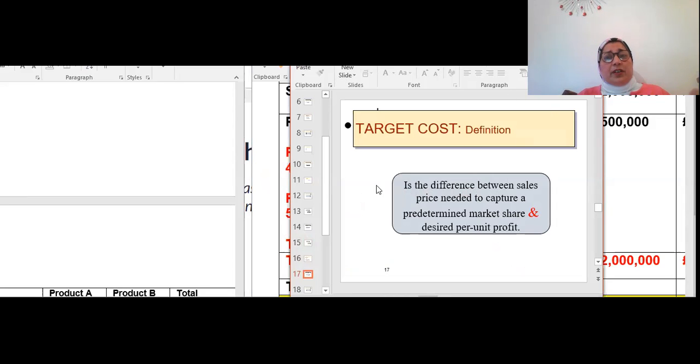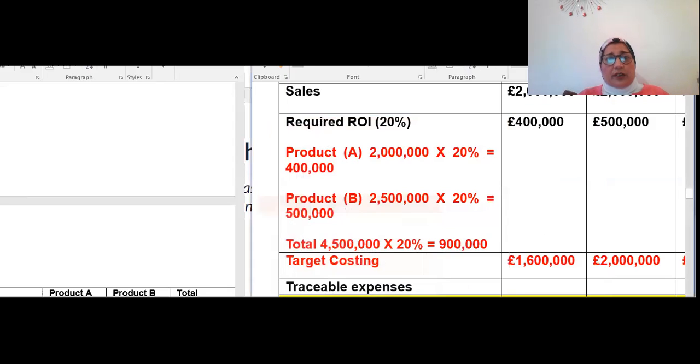Sometimes, because this is very difficult, this is something that a definition, a proper academic definition. So sometimes when you know the concept, you know what it is, you know where you get it, how to get it, just explain it in words. So target costing is sales take away sales multiplying by the required rate of return, the percentage of required rate of return. Even if you explain it in very simple words with a very simple example, this is more than enough.